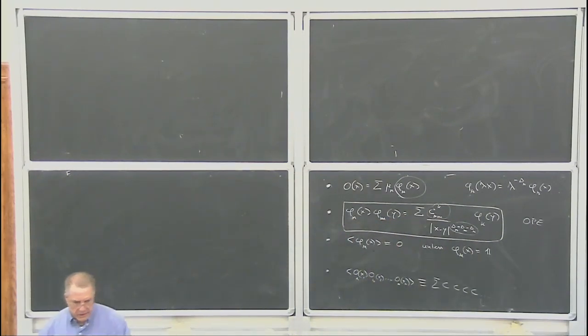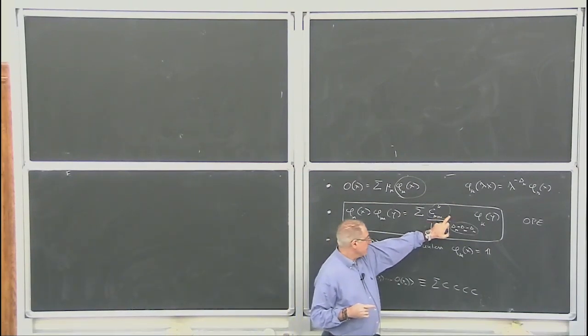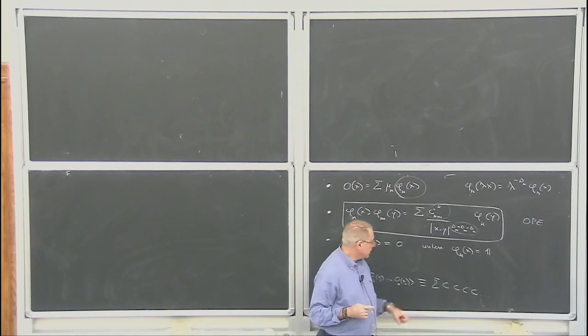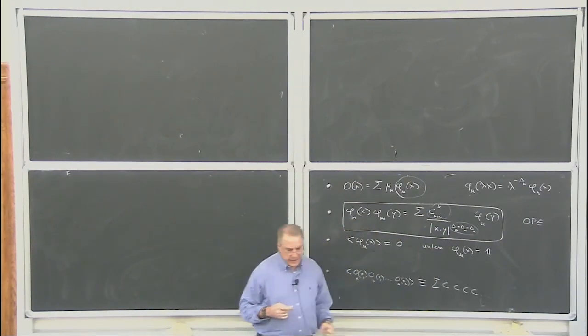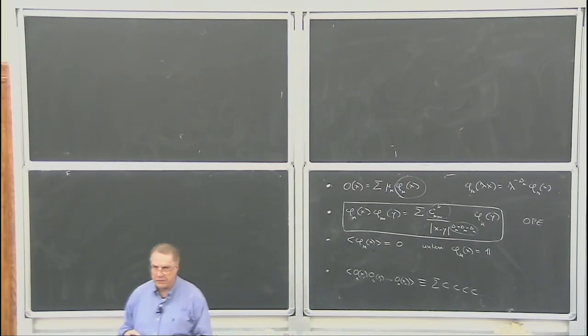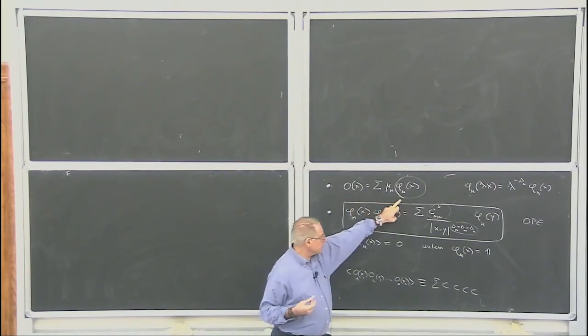So, saying in a few words, the theory is solved once I'm able to identify the spectrum of the scaling operators, their anomalous dimension delta, their conformal dimension, and the structure constants which enter this operator product expansion. Because once I have this data, any correlation function of any fields, at the end of the day, will be expressed in terms of the expansion of the fields with respect to the basis.